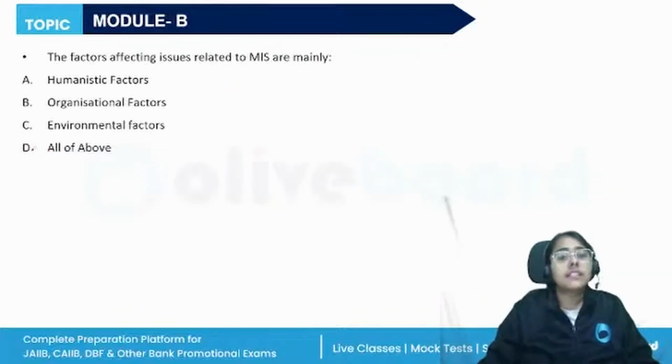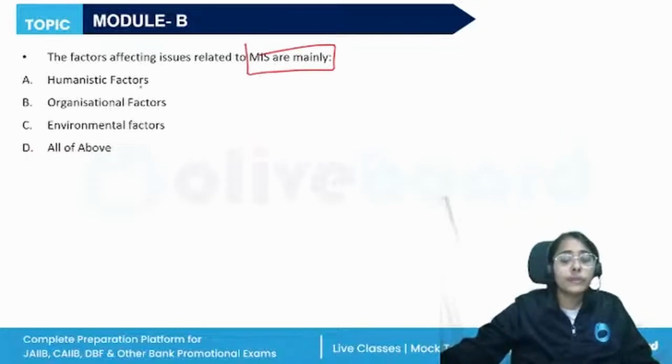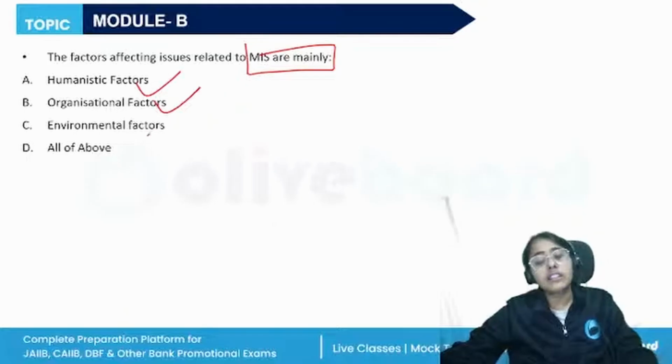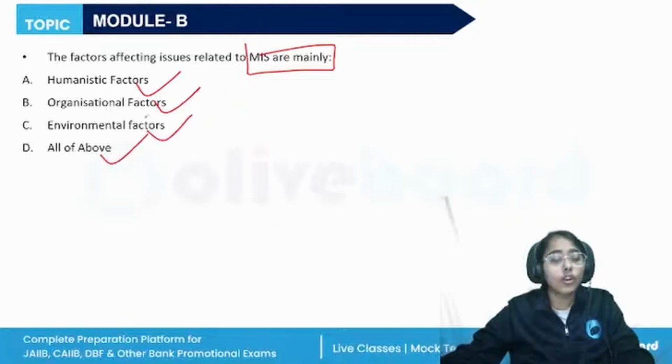Then the factors affecting issues relating to the MIS are mainly humanistic factors, organizational factors, environmental factors, or all of the above. Factors affecting MIS basically means that the success or failure of the MIS will depend on what? So, yes, it is going to depend on the humanistic factors like the lack of understanding of the needs of the users, or participation of the managers, or lack of accuracy of data.